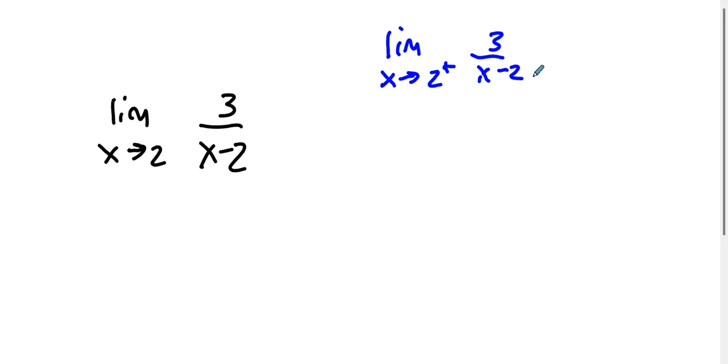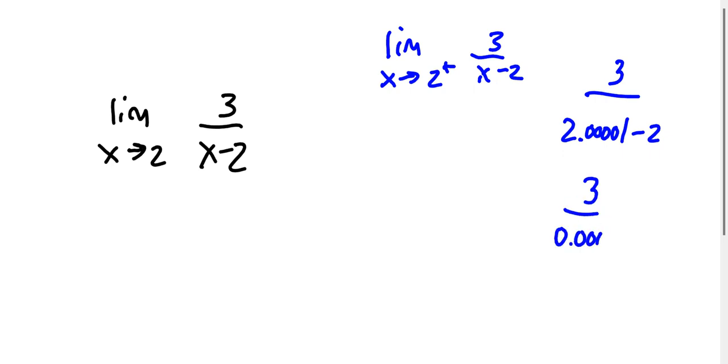As it approaches from the right side, we're just going to pick a number that's barely bigger than 2. So let's choose 3 over 2.00001 minus 2. Let's evaluate: 3 over 0.00000, repeating, with a 1 on the end.